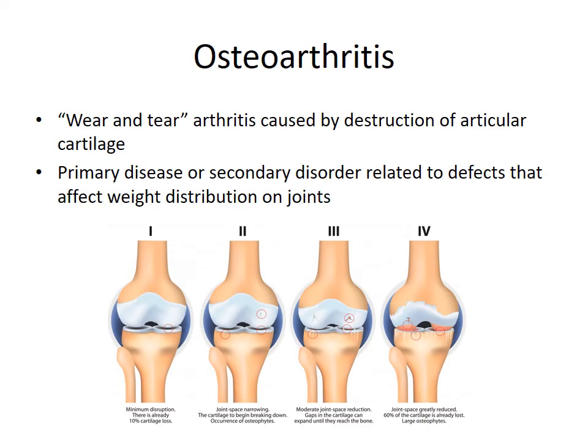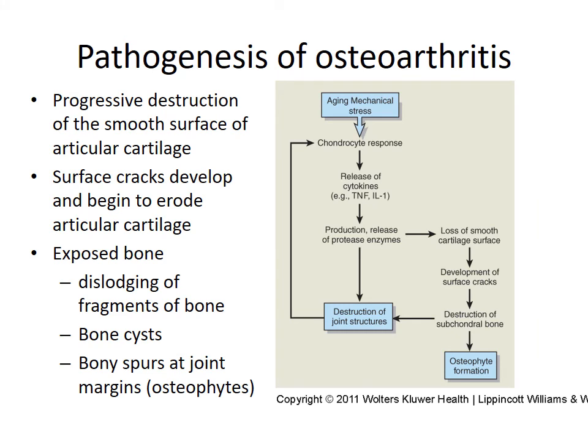All right, so the wear and tear arthritis, this is something that most people experience over time. It tends to show up more on weight-bearing joints. So we see changes that affect how the weight is distributed or carried in the joints, and we get degeneration. So we have aging, we have mechanical stress, people who have played sports and have done consistent sorts of damage to their joints may see this earlier.